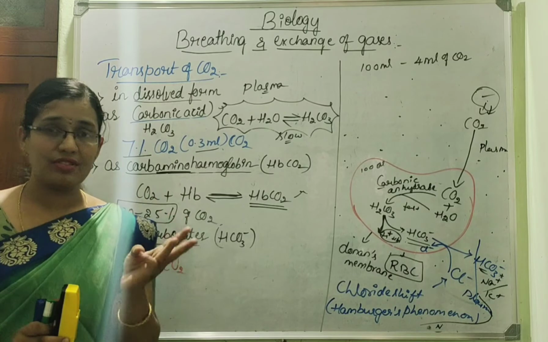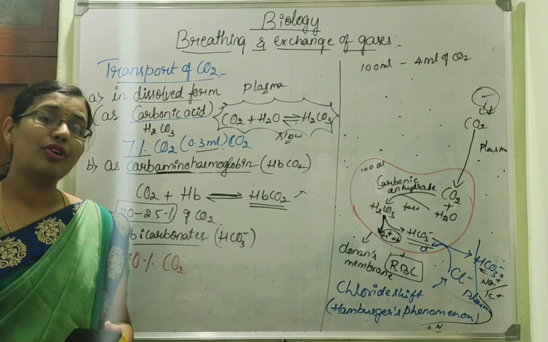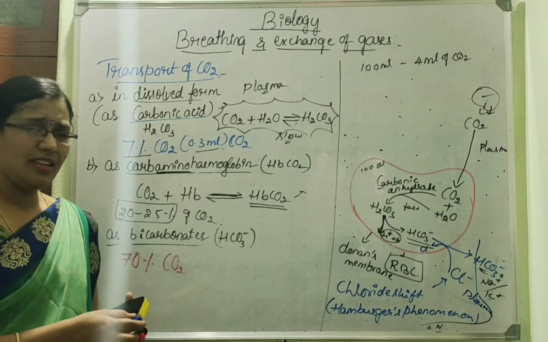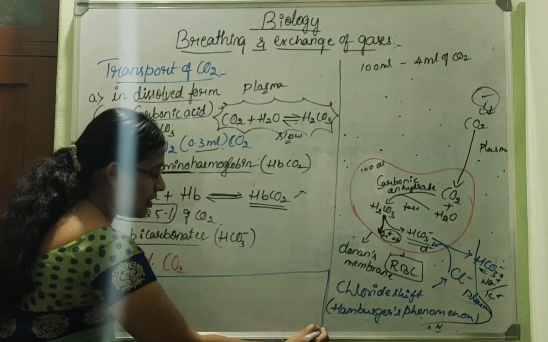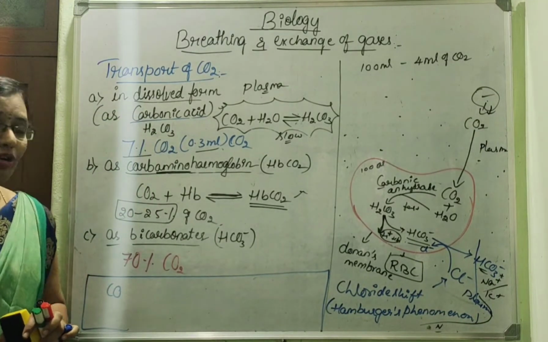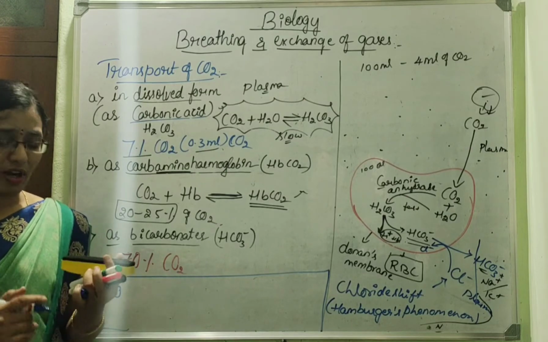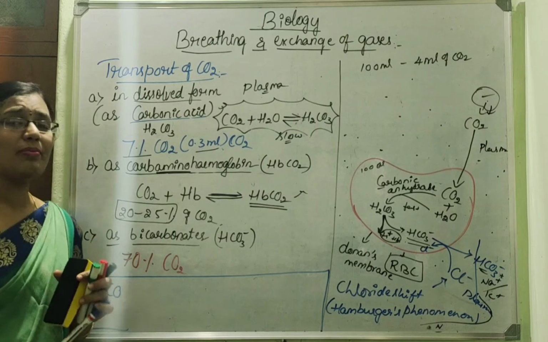So far we have discussed the transportation of oxygen as well as the transportation of carbon dioxide. Now I will tell a few points about carbon monoxide also. CO is the symbol for carbon monoxide.